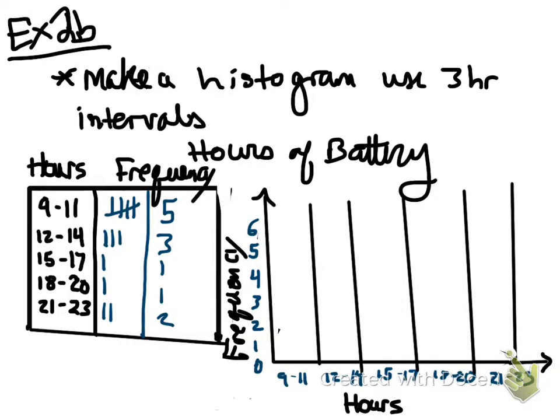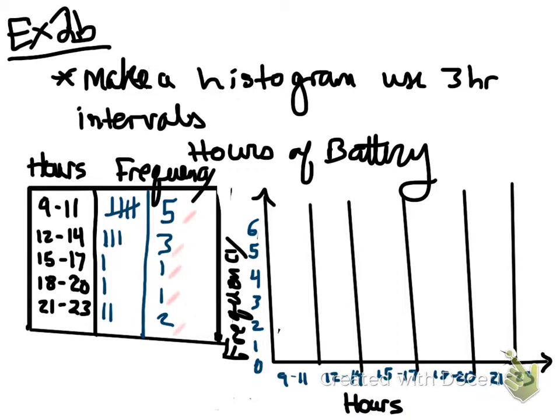Alright, when you set your hour intervals into 3-hour intervals instead of 4-hour intervals, you should have found that the 9 to 11 hour range has a frequency of 5, 12 to 14 is a frequency of 3, 15 to 17, 1, 18 to 20, 1, and 21 to 23 has 2.